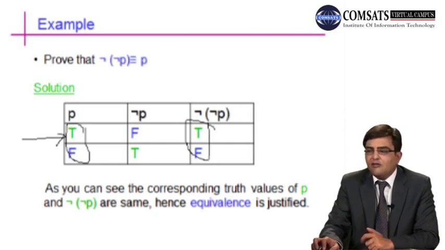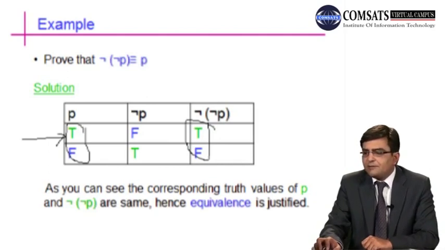Not P will obviously have F, which is false, on the first line, and on the second line we have true, which is opposite. And for the double negation, by taking the negation again of not P, we have the possible values true and false.